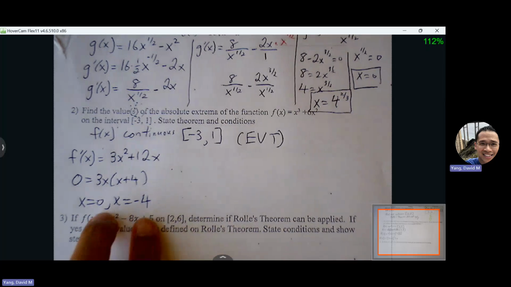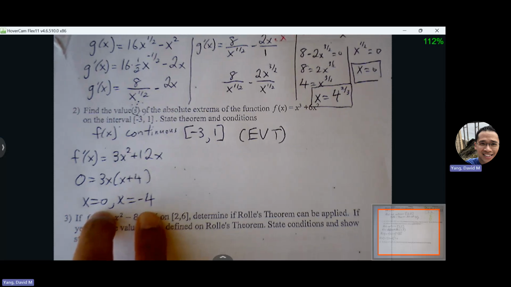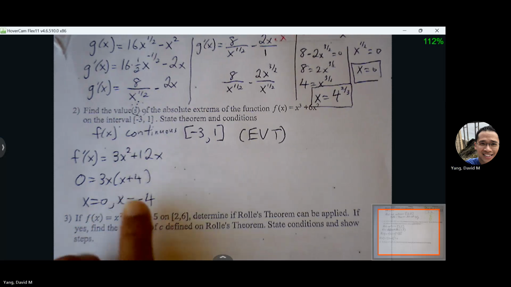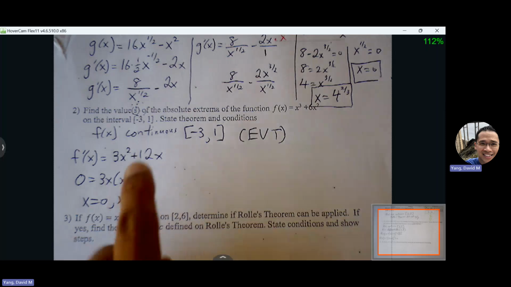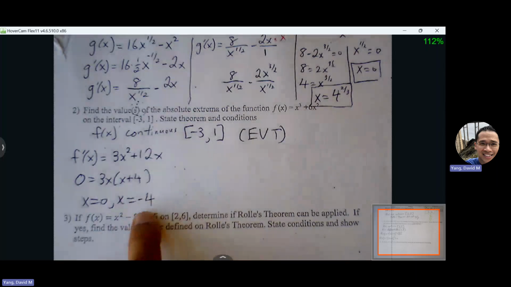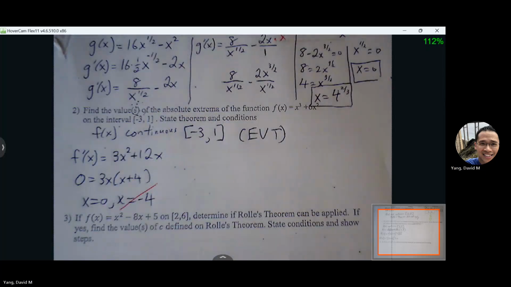Right, what do you notice about these critical points? -4 is not inside the interval. It's not part of our problem. We don't want to include that as our candidate. So we're just going to test how many numbers. There's 3. Oh.